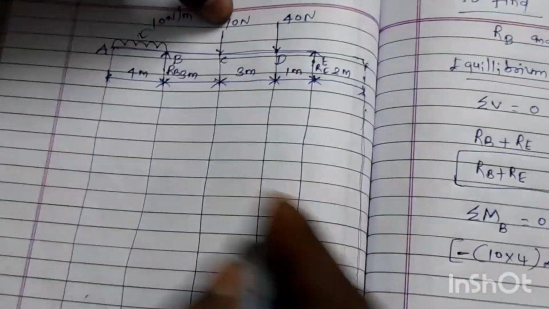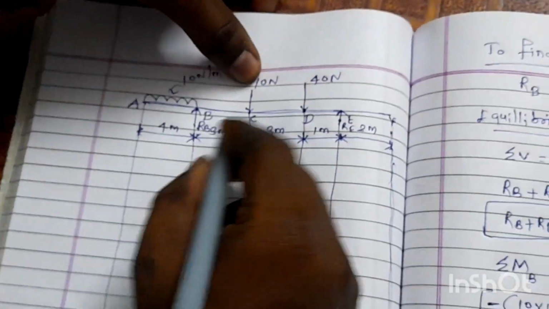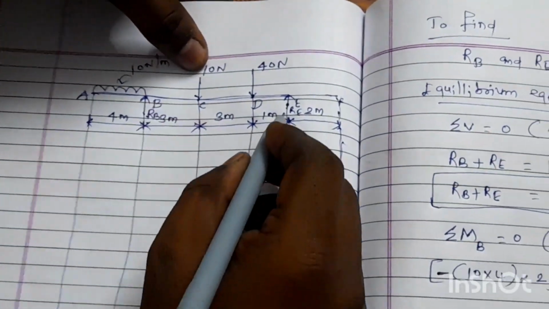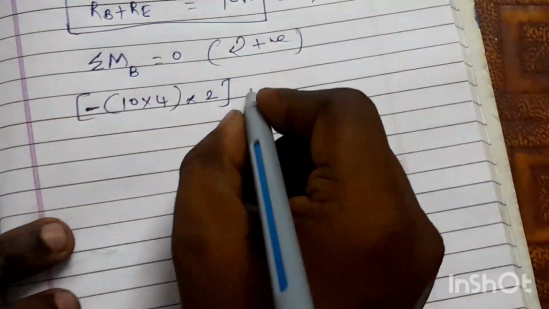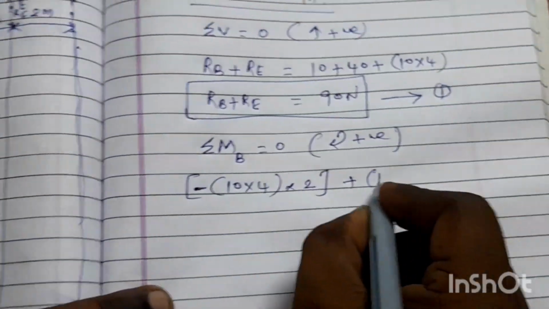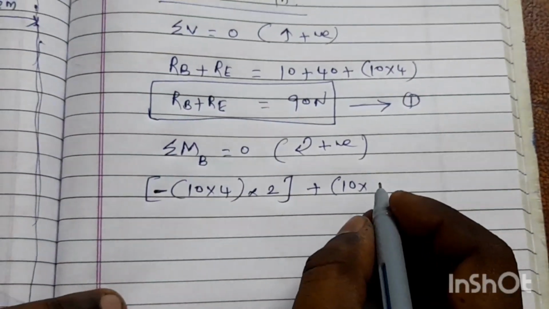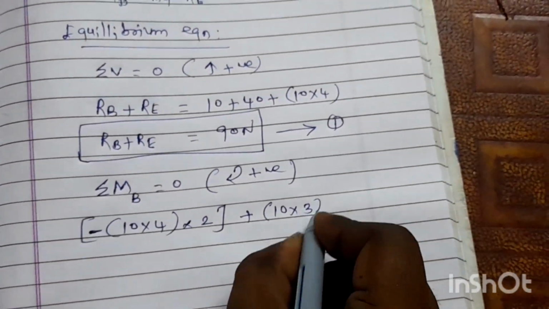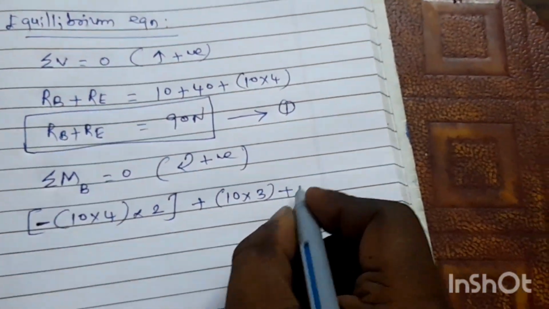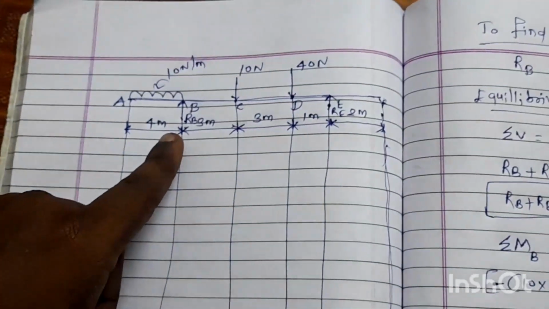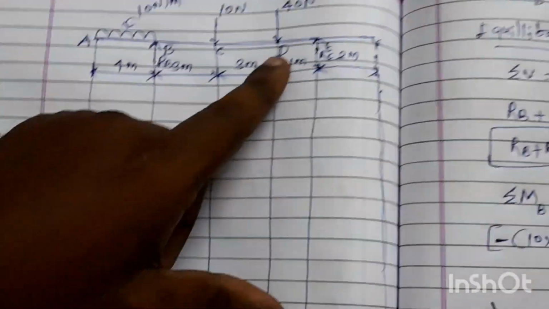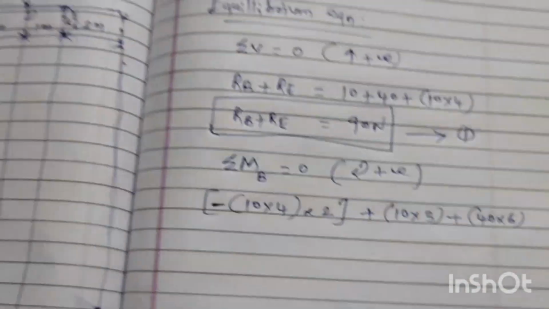For the 10 Newton load, it travels to B in a clockwise manner, and the 40 Newton also in a clockwise manner, and this RE in the anticlockwise manner, so it is taken as negative. So this is 10 into 3, and 40 into 3 plus 3, that is 6. Next, this RE is there and it is taken as negative.